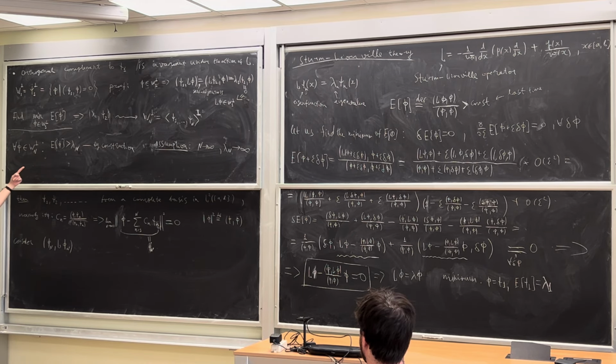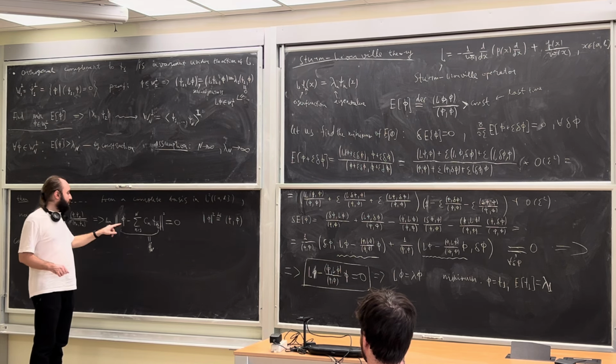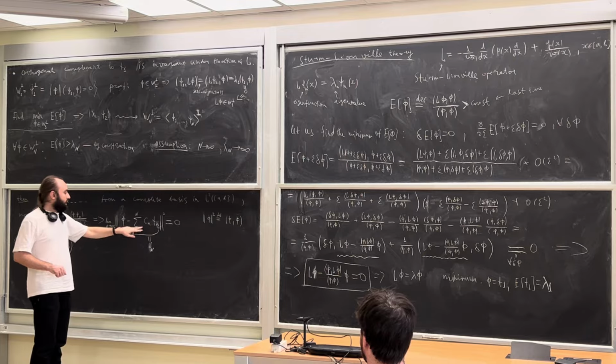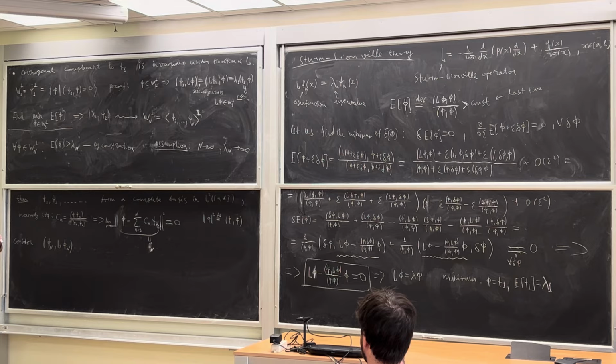This phi n lies in Wn orthogonal, because we have explicitly structured all projections onto lower vectors.